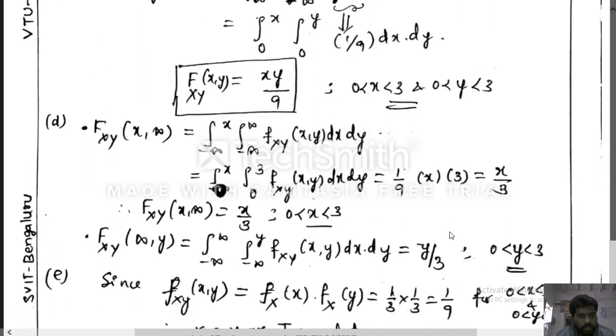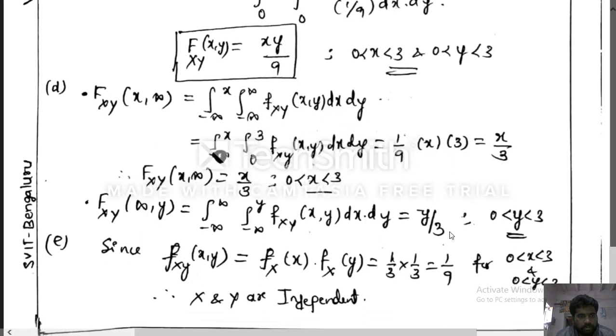The next unknown parameter is F_XY of x comma infinity. Here the value of y is equal to infinity. F_XY of x comma infinity is equal to F_X of x, or we can use the general equation: double integral from minus infinity to x, minus infinity to the value of y which is infinity, of f_XY of x comma y into dx into dy.